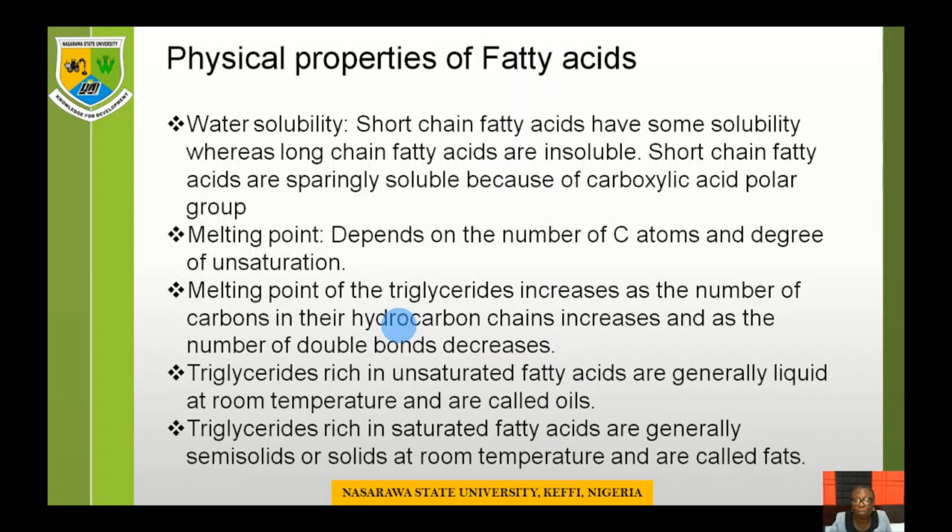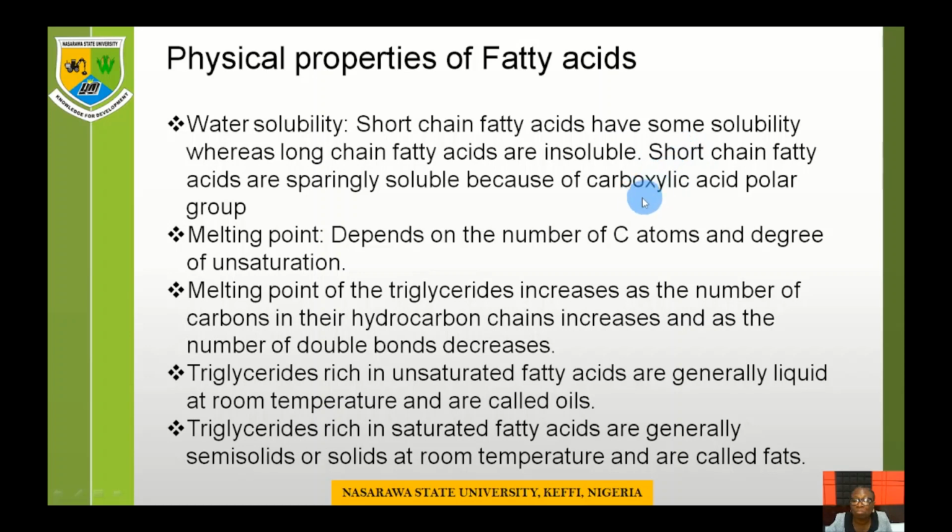Now, the physical properties of fats. Water solubility. The short chain fatty acids have some sort of solubility, whereas the long chain fatty acids are insoluble. So the short chain fatty acids are sparingly soluble because of the carboxylic acid polar group.